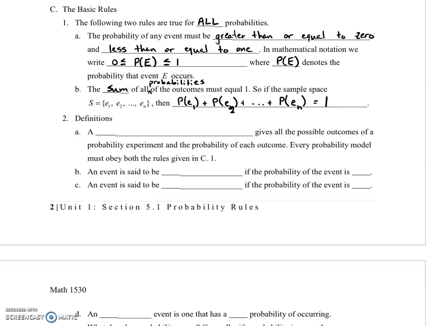So let's talk a few definitions. A probability model gives all the possible outcomes of a probability experiment and the probability that each outcome occurs. Every probability model has to obey these two rules up here.